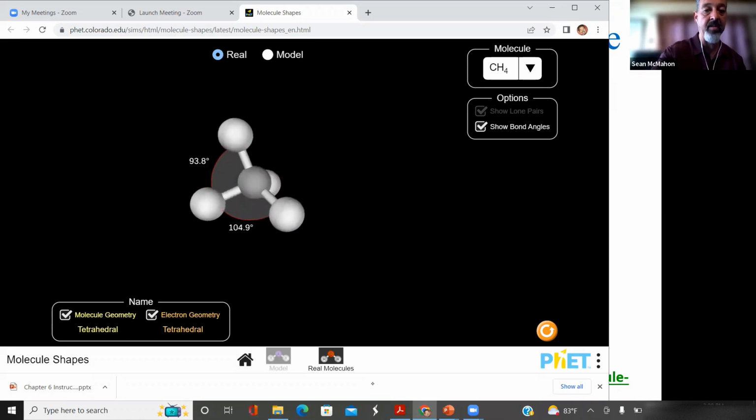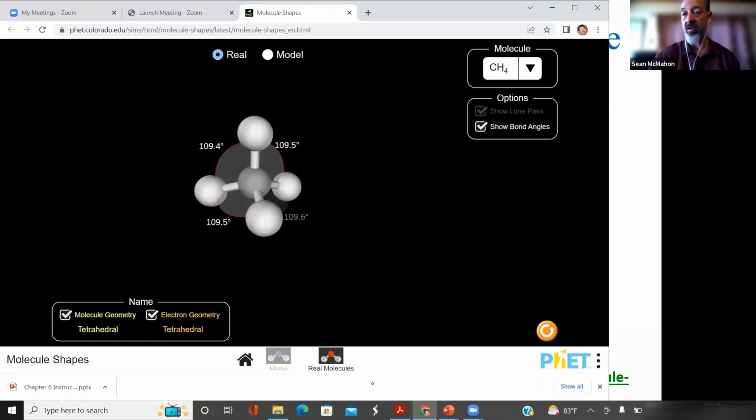So here's methane. I have 4 groups. They're all hydrogens. The bond angles are all 109.5 because 4 electron groups. The tetrahedron is the best way to maximize the bond angle and minimize repulsion. The electron geometry is tetrahedral, but so is the molecular geometry.